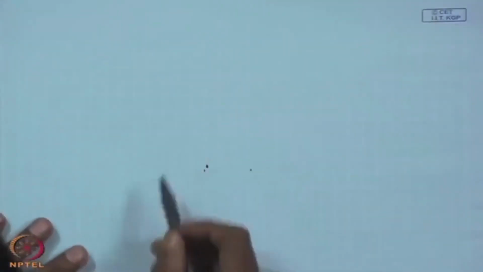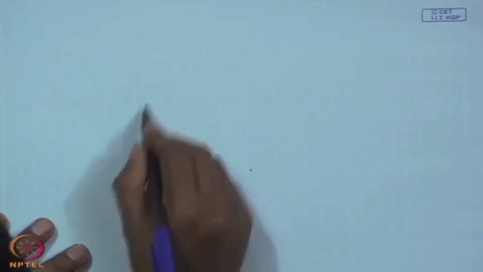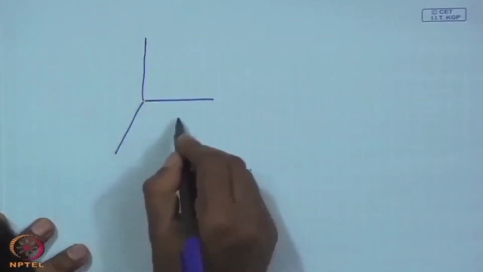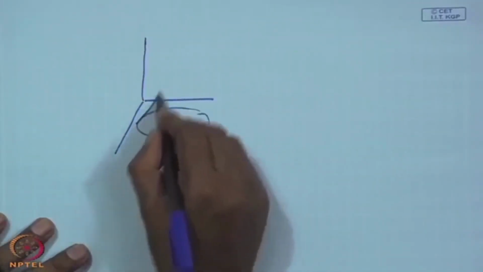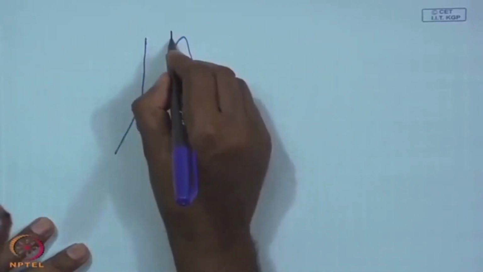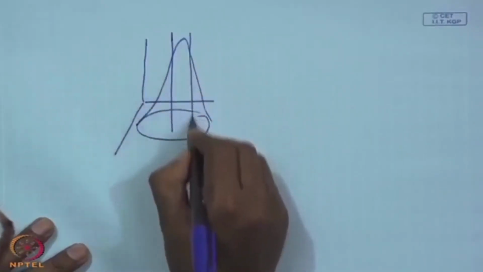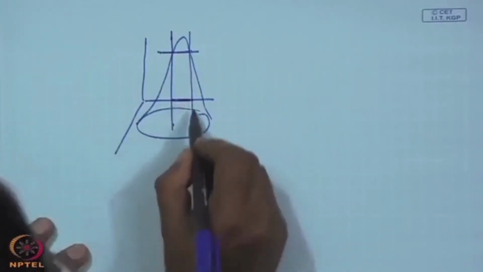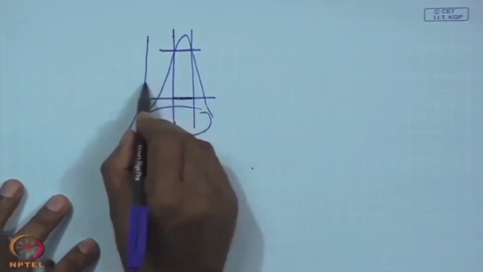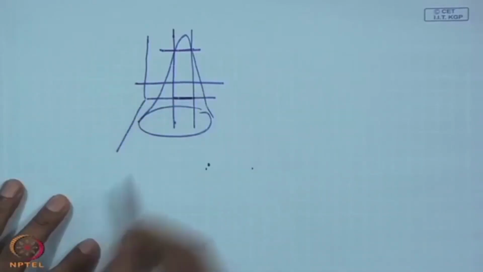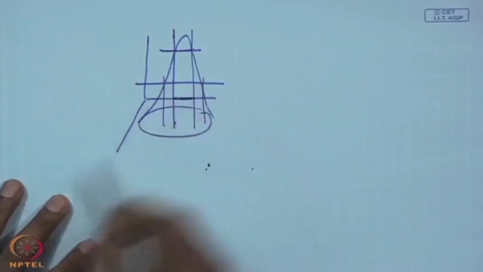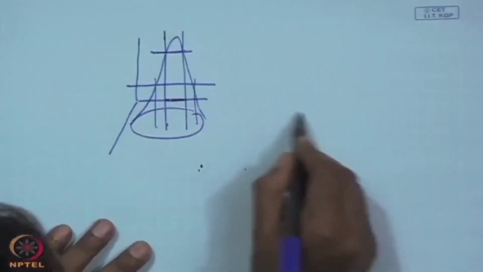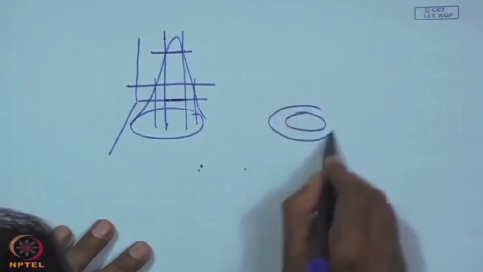Suppose your case is like this. If you take a cross section here, what portion are you considering? You are considering a smaller portion. If you take a cross section here, you are considering a bigger portion. So, as a result, your ellipse is becoming like this.